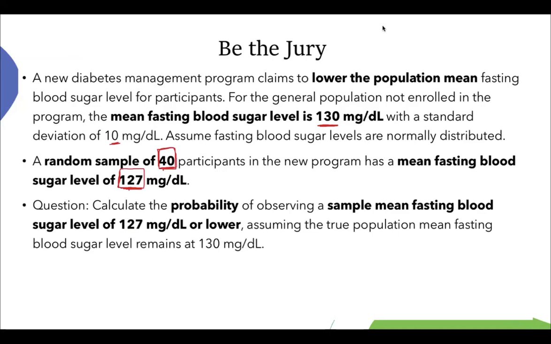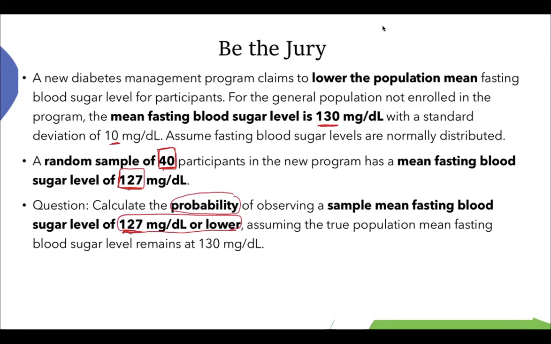Let's calculate the probability of observing a sample mean fasting blood sugar level of 127 or lower. By calculating the probability here, we're calculating how common it is for us to find 40 people and have a sample mean blood sugar level of 127 or lower.